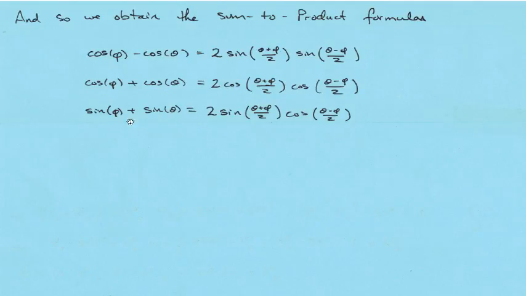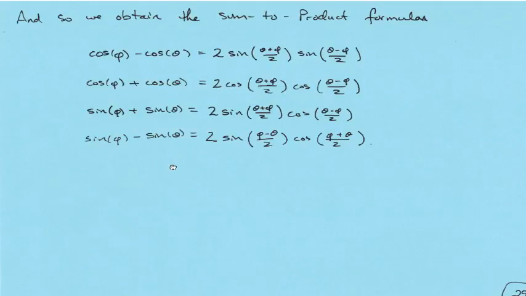The sine of phi plus the sine of theta is 2 sine (theta plus phi)/2 cosine of (theta minus phi)/2. And finally, our sine of phi minus the sine of theta will be 2 times the sine of (phi minus theta)/2 cosine of (phi plus theta)/2.